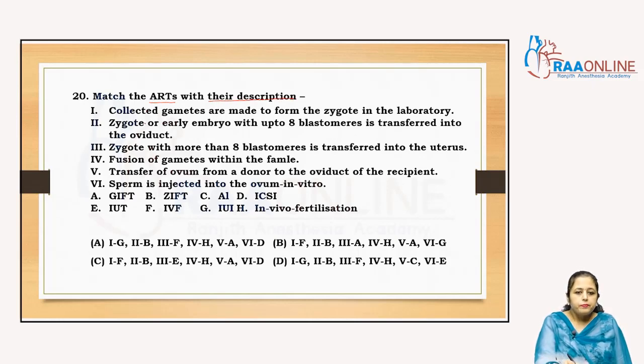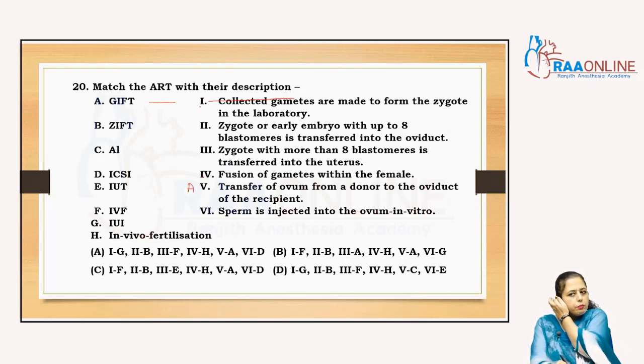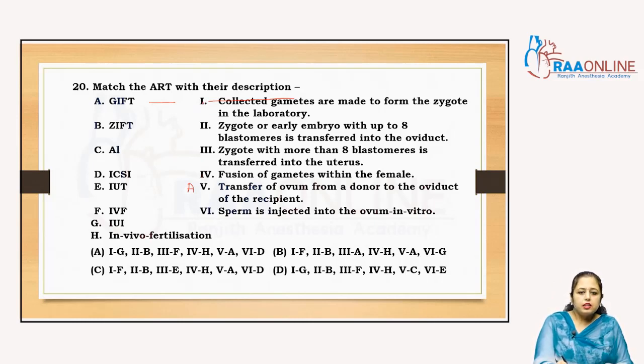Now come here, that is GIFT, gamete intrafallopian transfer. In GIFT, what will happen? That is transfer of ovum from a donor to the oviduct of the recipient. So that is A5. Then collected gametes are made into the zygote in the laboratory.